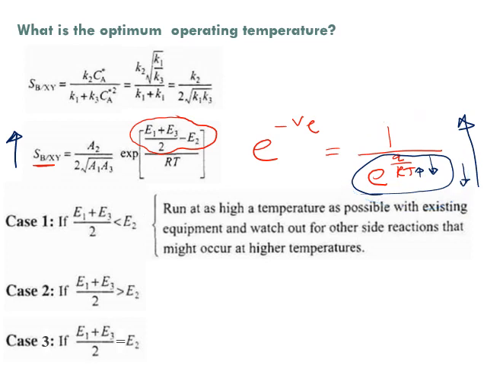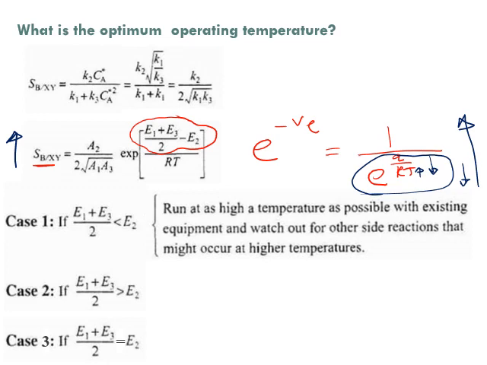And watch out for other side reactions. Make sure that if you run at very high temperature, you don't get B, your desired product, dissociating into other products.